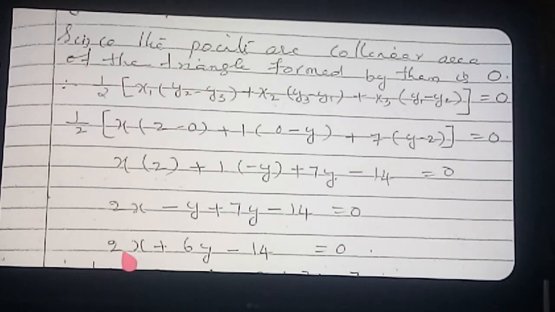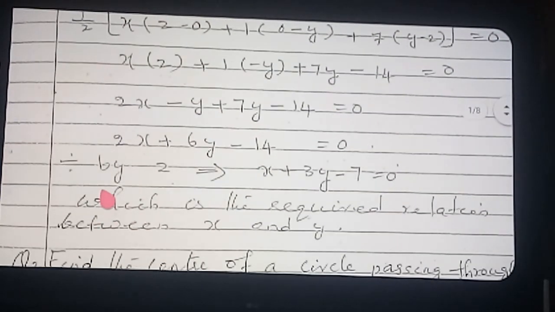That is 2x plus 6y minus 14 equal to 0. Divide throughout by 2, the common term cancels. So what will we get? x plus 3y minus 7 equal to 0, which is the required relation between x and y.